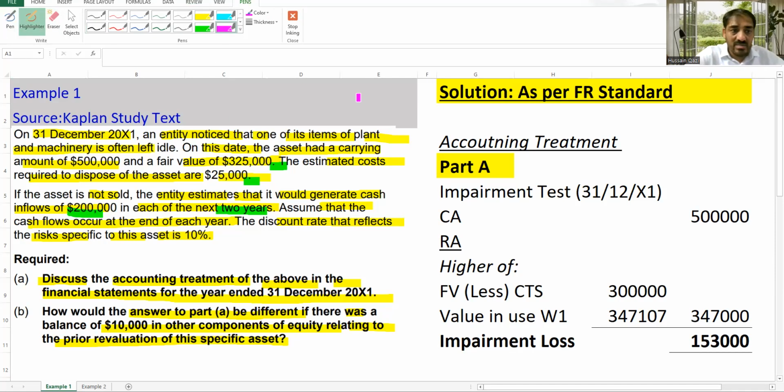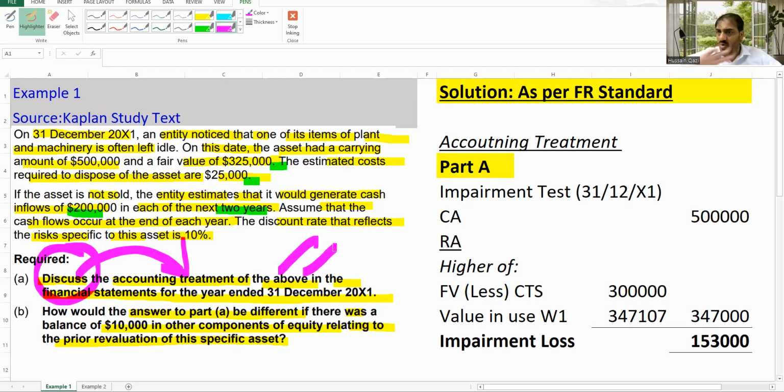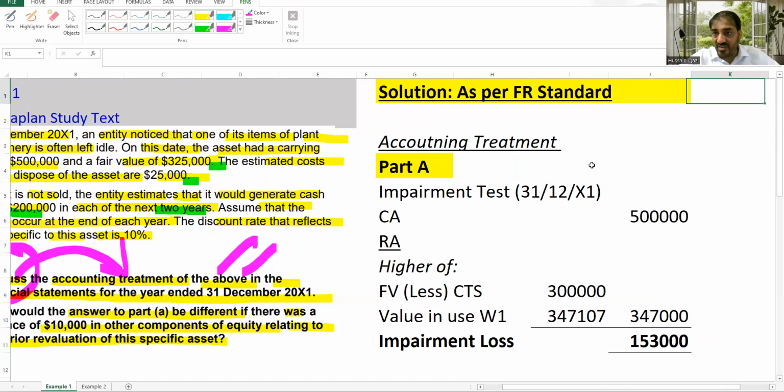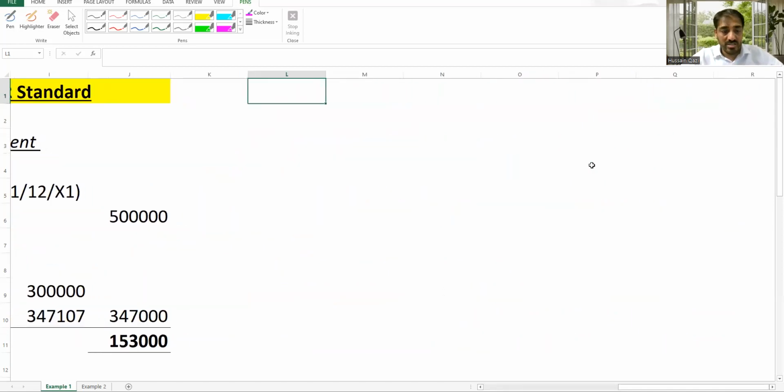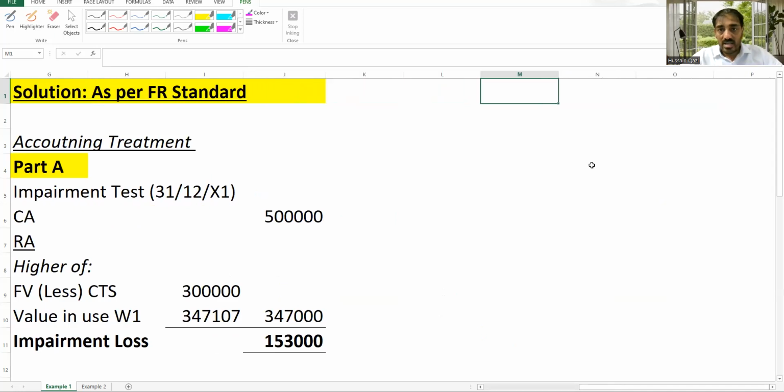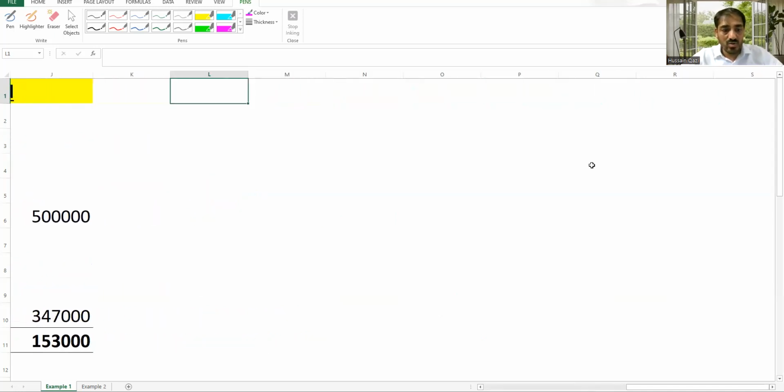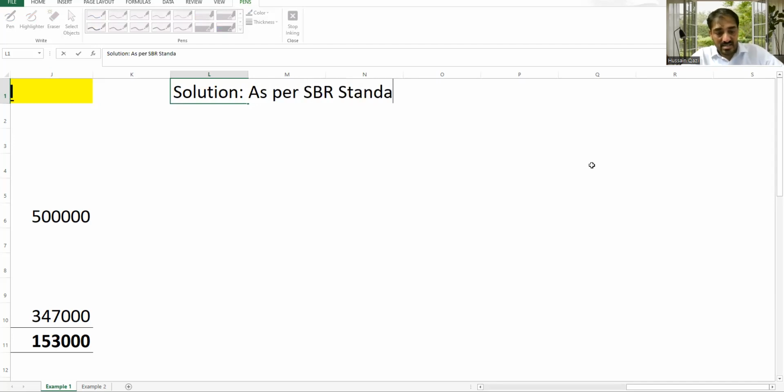The SBR requirement here is to discuss the accounting treatment of the above financial statement. Ignore part B, part A. If we work out this question, the solution as per SBR standard.